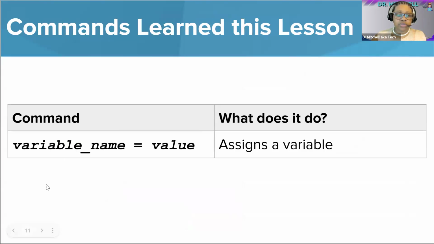You want to make sure that you figure out the math piece first, but make sure that you're able to go line by line. And this is what you learned in this lesson: how to create variable names and assign it a variable.